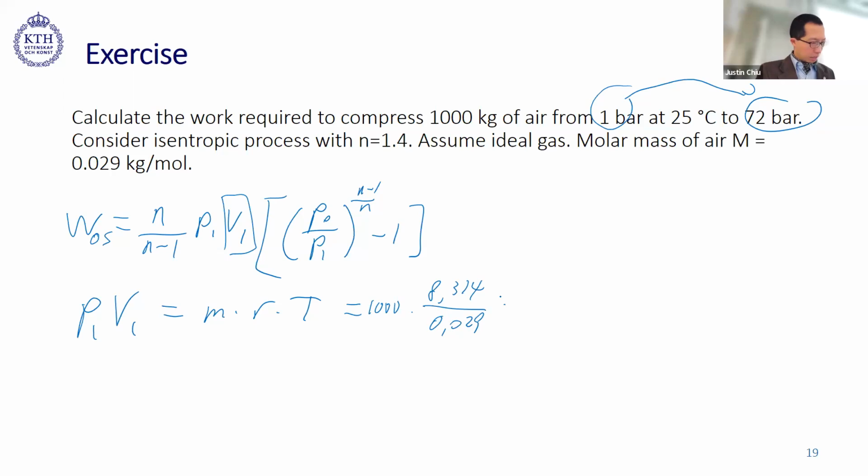And then we use Kelvin, 273 plus 25. And then we know the pressure. It is 1 bar, that's 10 to the power of 5 Pascal.